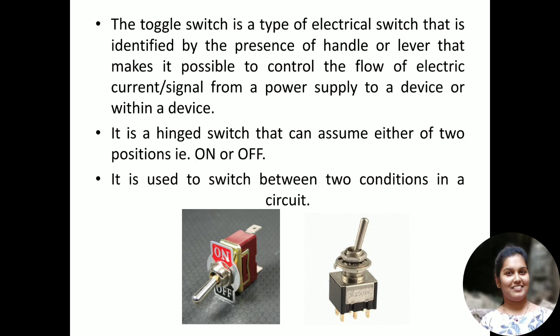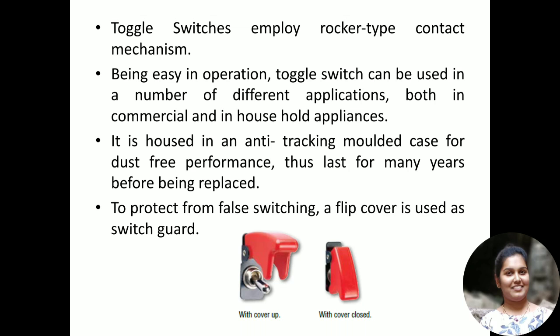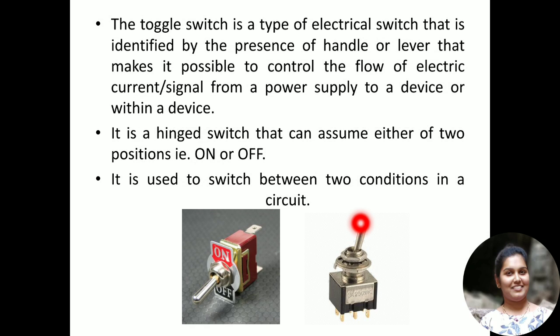The toggle switch is a type of electrical switch that is identified by the presence of a handle and a lever. So this handle or lever which is shown in the diagram will make us understand that the kind of switch is nothing but a toggle switch.